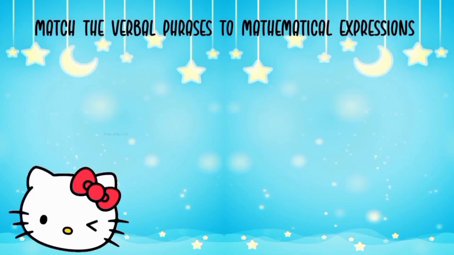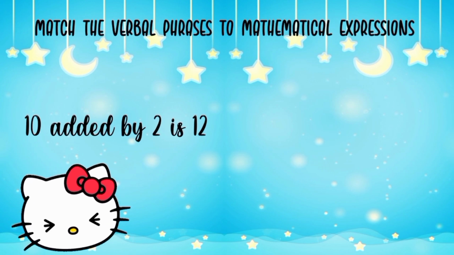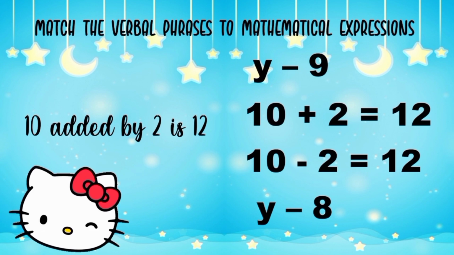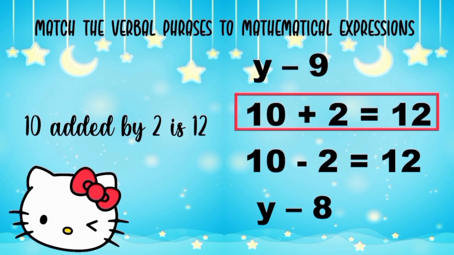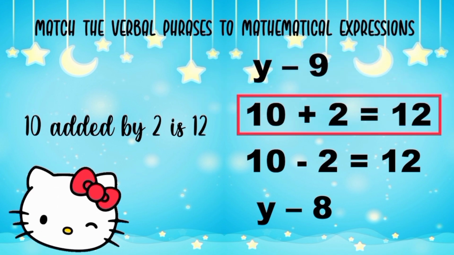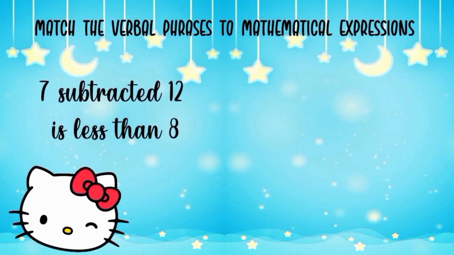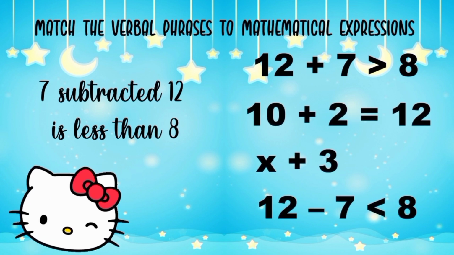Example number 3. 10 added by 2 is 12. Now choose among the following expressions. The answer is 10 plus 2 equals 12. Now let's proceed to the next one. 7 subtracted from 12 is less than 8. Now choose among the given expressions.